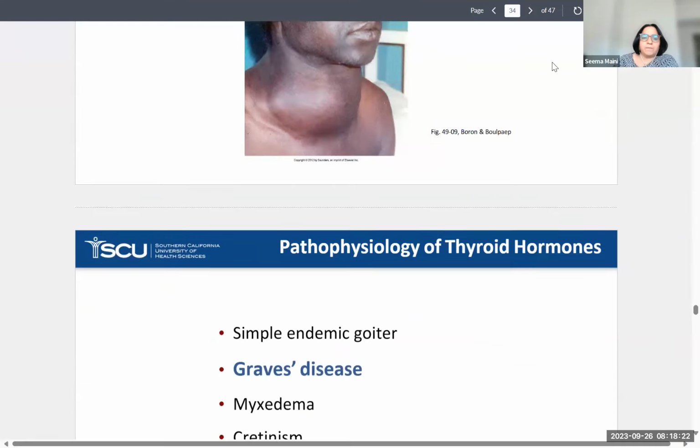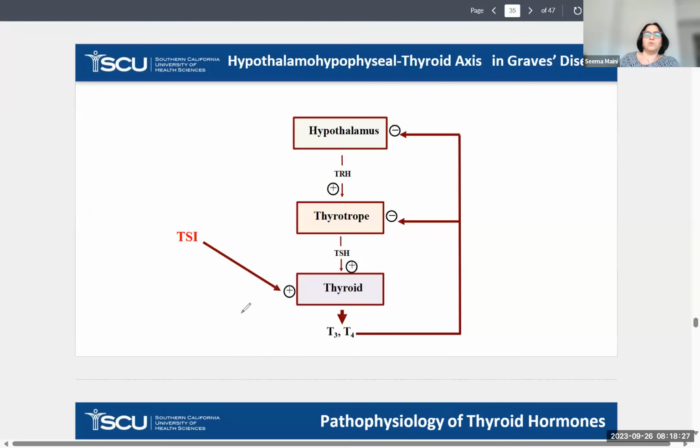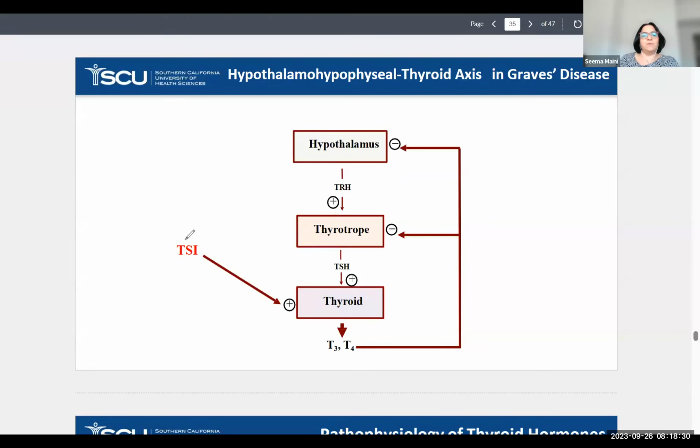Right? And in Graves' disease, this is the usual cycle of negative feedback inhibition, but then we have this chemical being produced by your immune system, which is a stimulating immunoglobulin. It is stimulating the thyroid gland to secrete more T3, T4. And in these individuals, the lab work is going to show high levels of T3, T4, low TSH, and low TRH, of course with other symptoms.